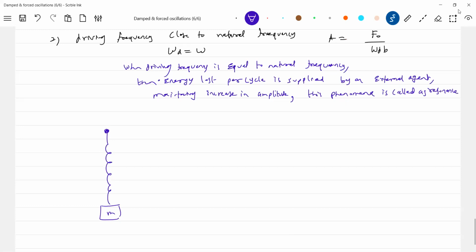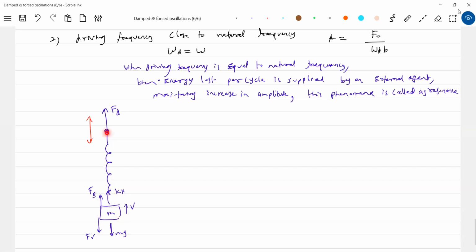Here I will apply a driving force myself. Along with this, the spring force will be acting, mg, and if it has velocity, viscous drag. If you want, you can even bring in buoyancy due to air. This particular thing I will make vibrate. It will have large amplitude when this driving frequency becomes equal to the natural frequency of the block.